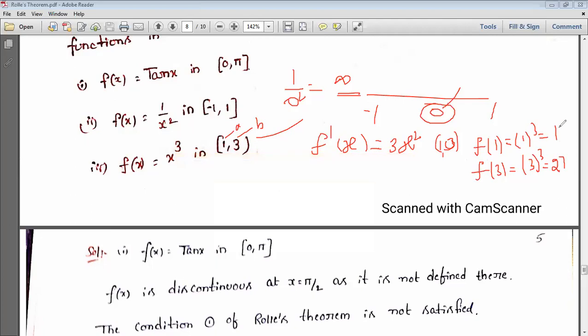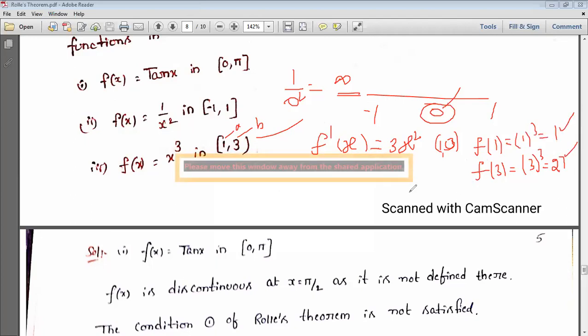Are they equal? Here I got 1, and here I got 27. So f of 1 is not equal to f of 3. So only the first two conditions of Rolle's theorem are satisfied, and the third condition is not satisfied. Hence Rolle's theorem cannot be applied.